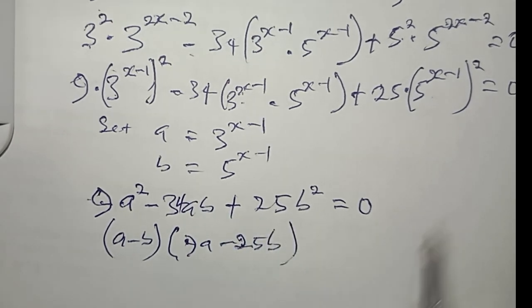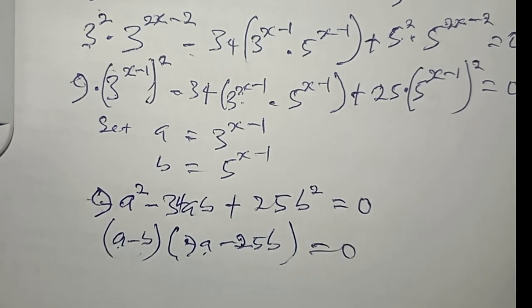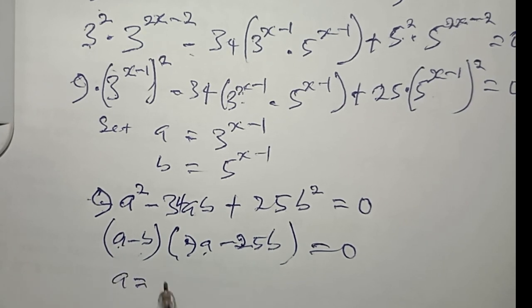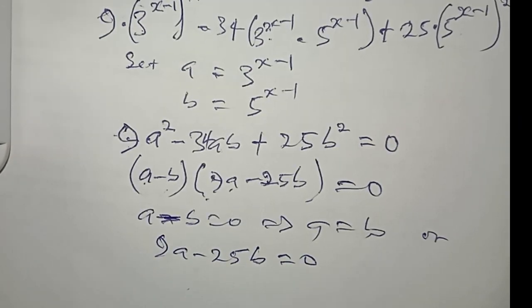Because of course when you multiply through, you're going to be having something like this. 9 times this will give you this one, and when you multiply this stuff, you're going to be having this, so this is equal to 0. So using the zero product, you can see here that a minus b is equal to 0, of course, which implies that a is equal to b, or this term here 9a minus 25b is equal to 0.